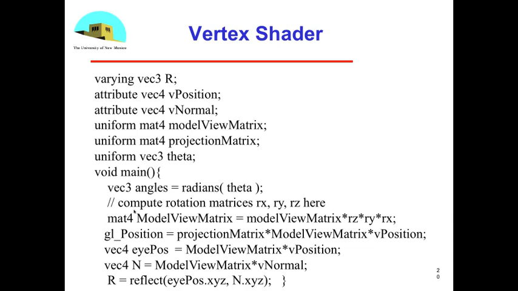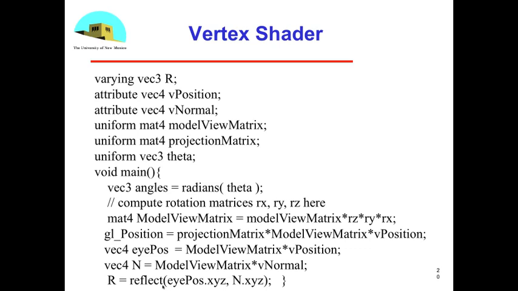Now remember, if you look back at our examples from a few weeks ago at the frames I'm working in, computing gl_Position, which multiplies the projection matrix times the model view matrix times the incoming position, puts me into clip coordinates.